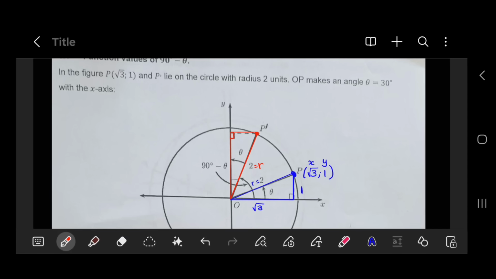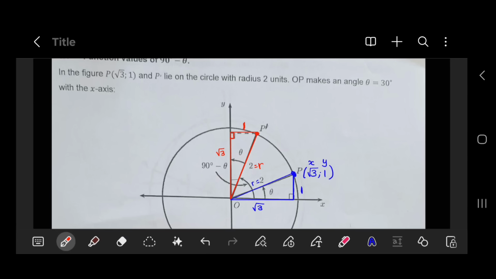So what you guys will notice is that where we had this vertical distance of 1, on the other triangle, it is now a horizontal distance. And where we had this horizontal distance of square root 3, on the other triangle, it is now a vertical distance.